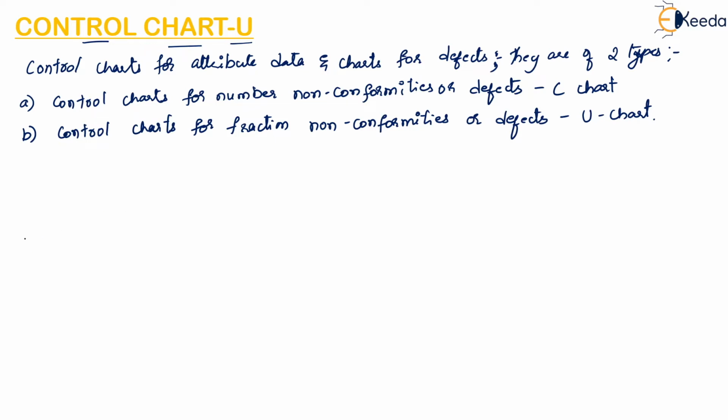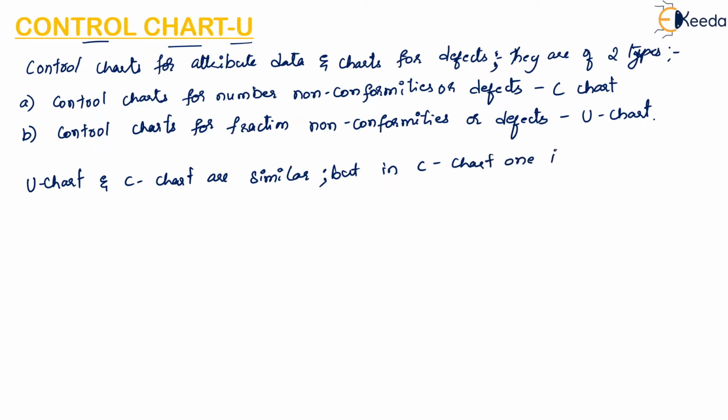U chart and C chart are similar. But in the C chart, one item is inspected for defects.